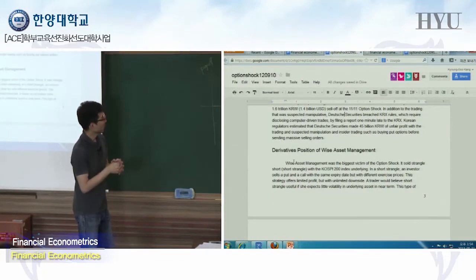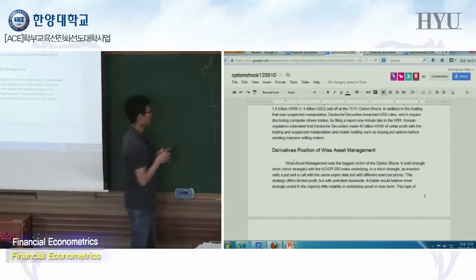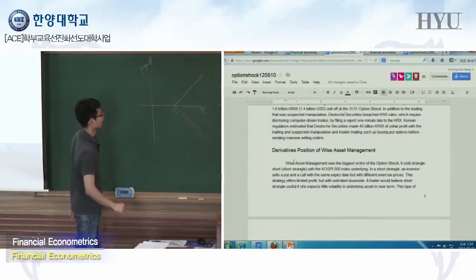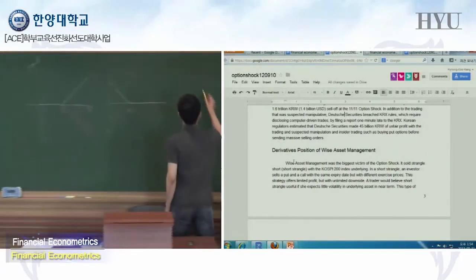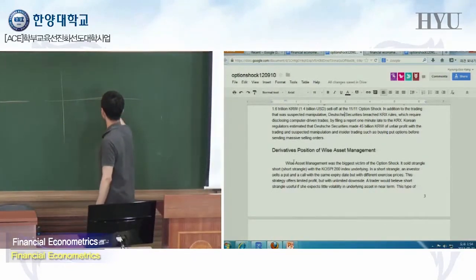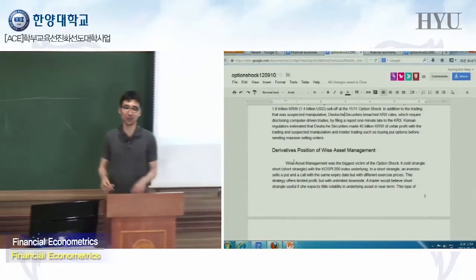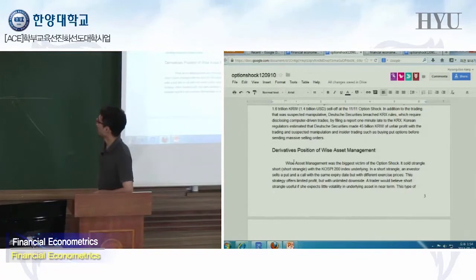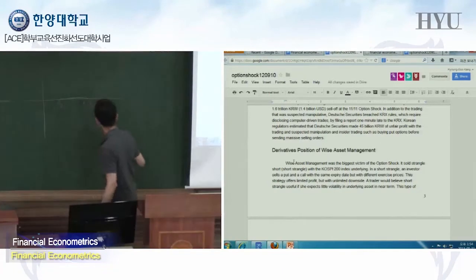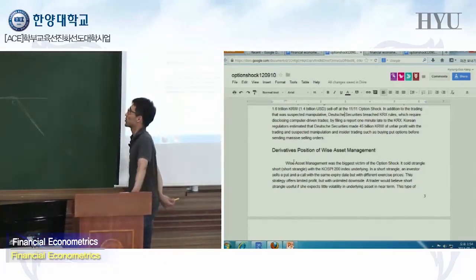Next, what if we combine both short positions, of the call and the put? Suppose X1 is greater than X2. Then we have something like this, X2, X1, right? If you sell both of them, this is the pure payoff of having short positions in the call and the put.